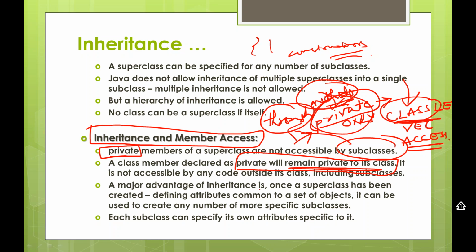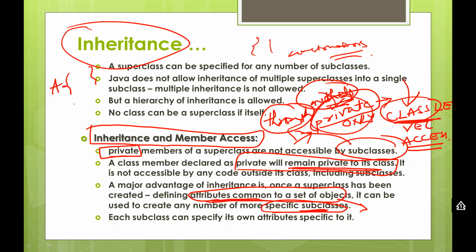So what is the advantage we are getting out of inheritance? We define common attributes inside the superclass, and then we define subclasses or specific classes out of that superclass. Otherwise, say A and B are of the same type, I would define int I equal to 10 in both.